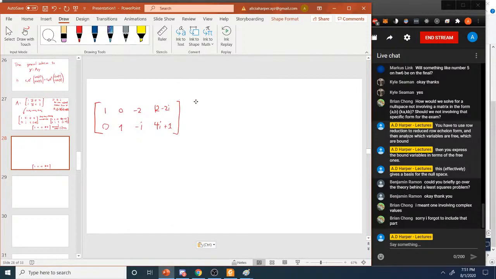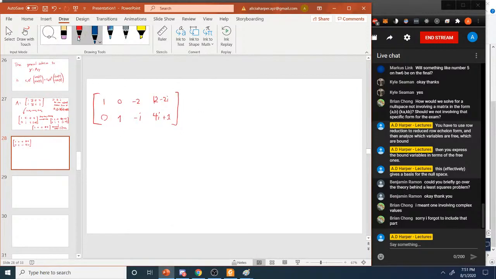This is a general fact, but I haven't focused too much on teaching complex numbers: 1 over a plus bi is always going to be equal to a minus bi divided by a squared plus b squared.